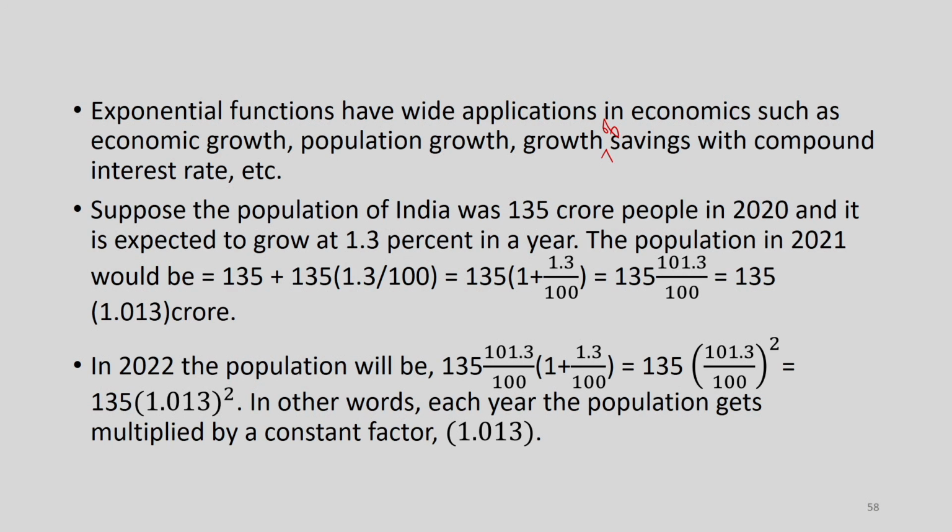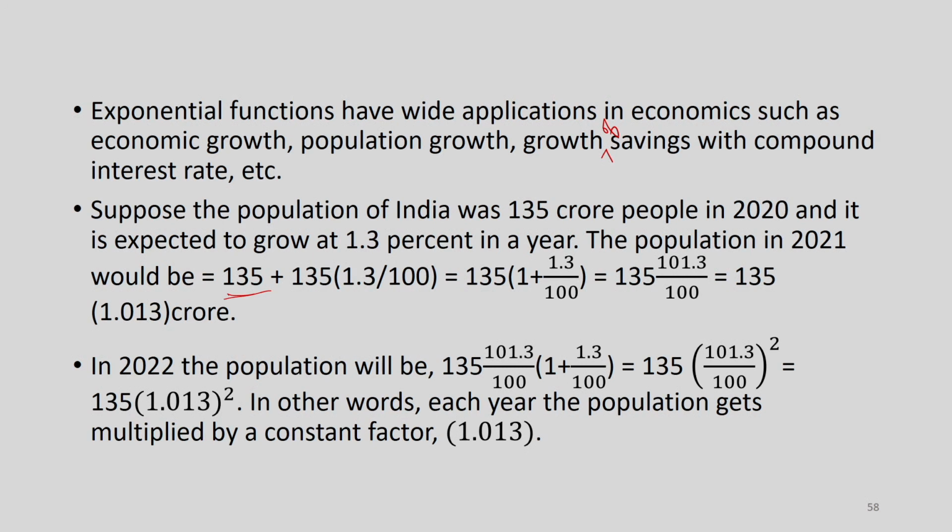So, here is an example. Suppose the population of India was 135 crore people in 2020, and it is expected to grow at 1.3% in a year. What will be the population in the next year, 2021? That can be calculated. It will be the population in the initial year, 2020, which was 135, plus 135 multiplied by the factor, 1.3%.